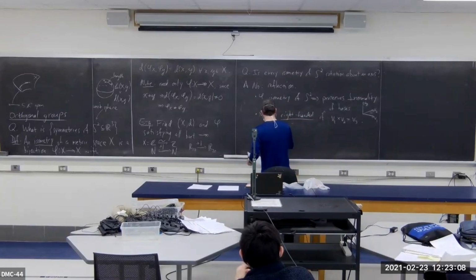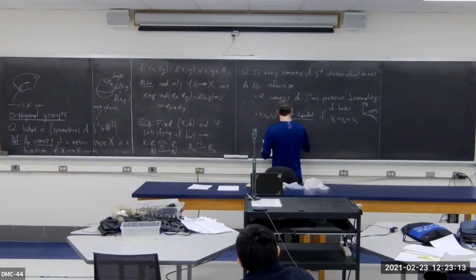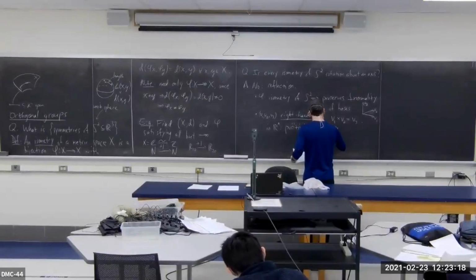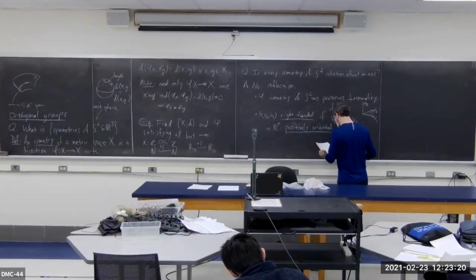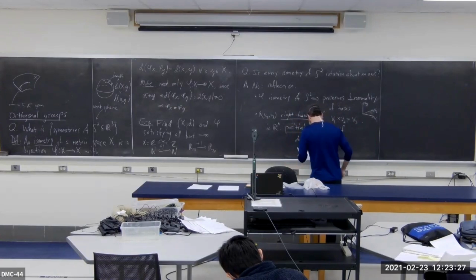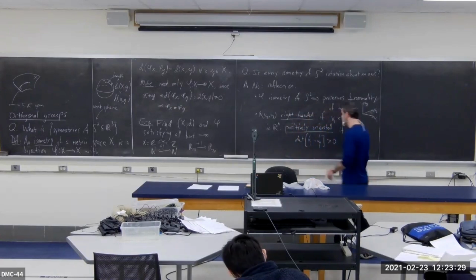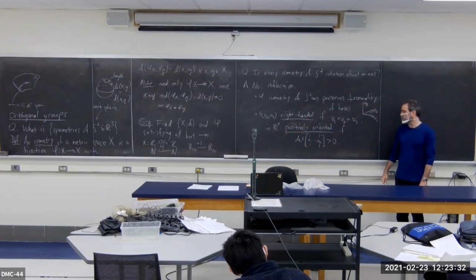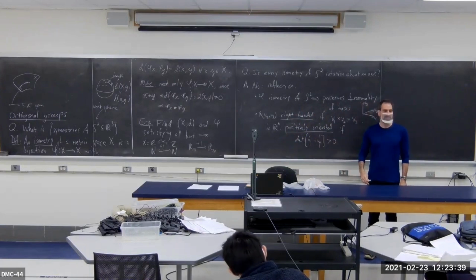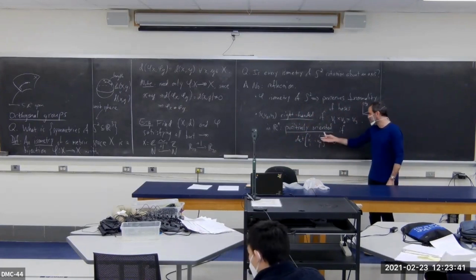In Rn, we say positively oriented if the determinant of V1 up through Vn is positive. And this actually doesn't require it to be an orthonormal basis. You could make V1 through Vn any basis of Rn, and you say it's positively oriented if the determinant is positive.